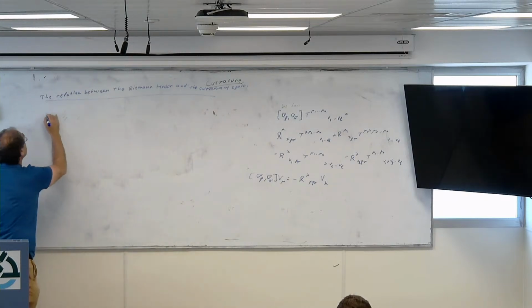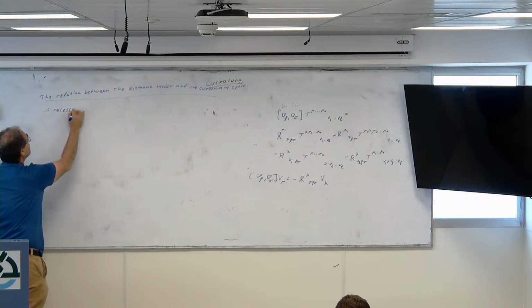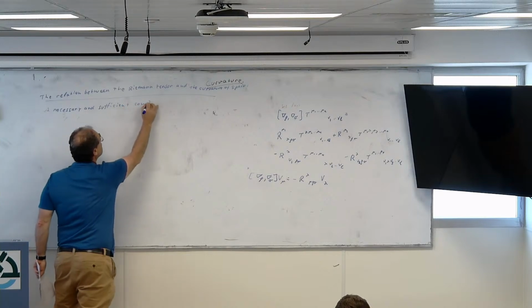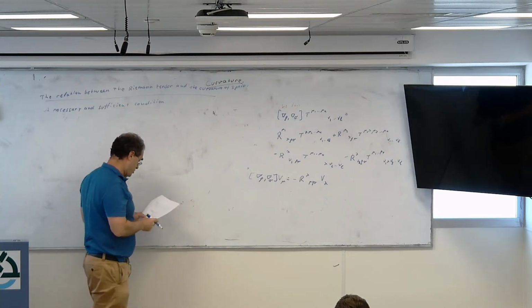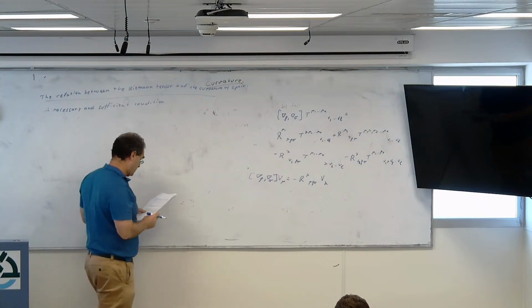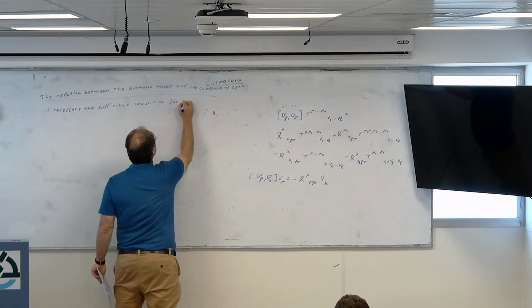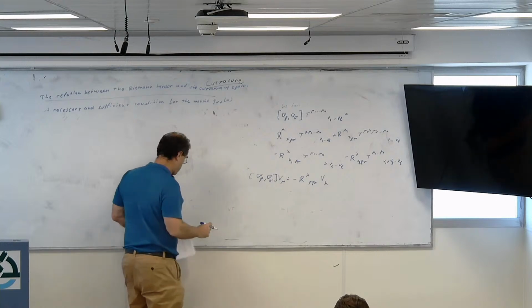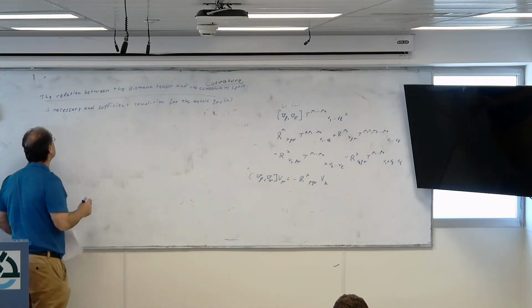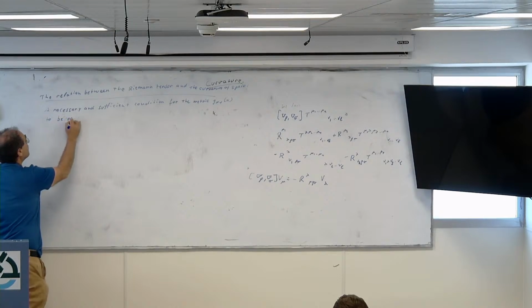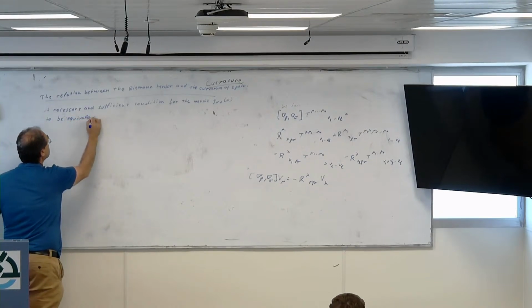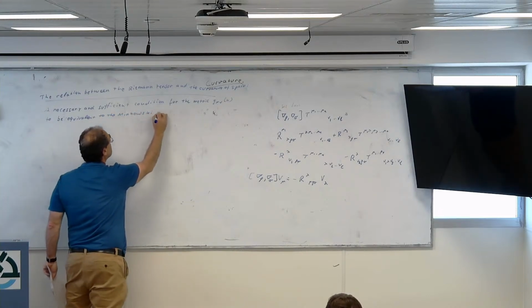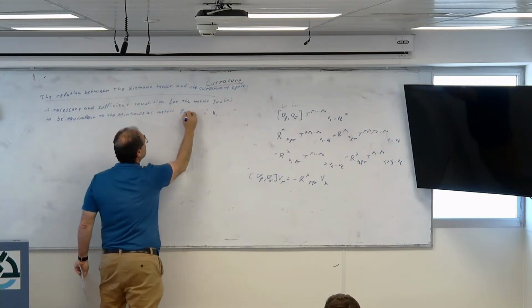Necessary and sufficient condition for the metric g mu nu, say of x, to be equivalent to the Minkowski metric eta mu nu.